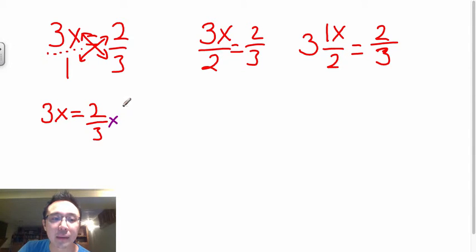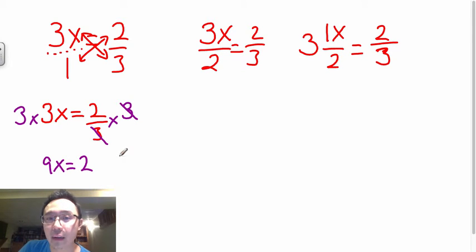Well, I multiply by 3. Because 2 over 3 times 3, this 3 is going to cancel out with the bottom, and will just cancel out to a 1. But by multiplying by 3 on this side, I need to multiply by 3 on the left side as well. So 3 times 3x is 9x is equal to 2.